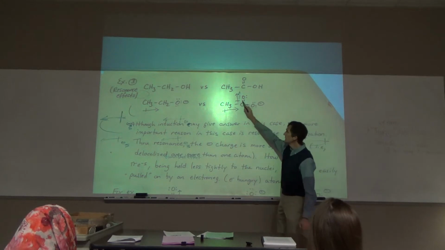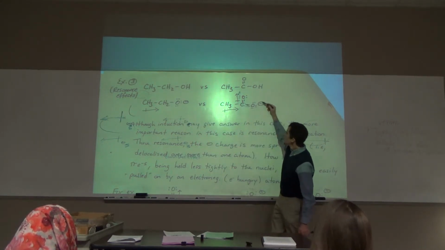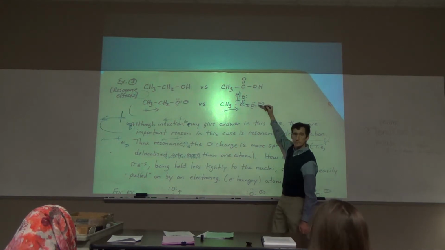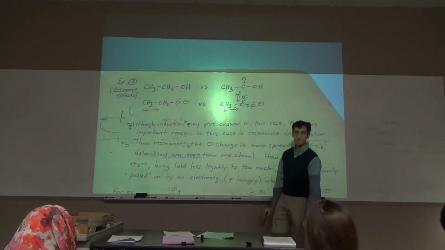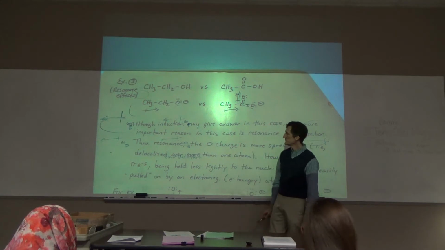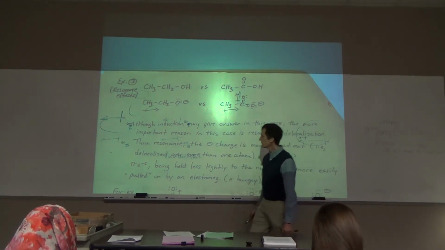And that right there can give you the answer. That pulling, where this has no pulling, should stabilize this and make this more stable than that. And thus, that's more acidic than that. But the answer here is really resonance. Although induction may give you the answer, it's really resonance.